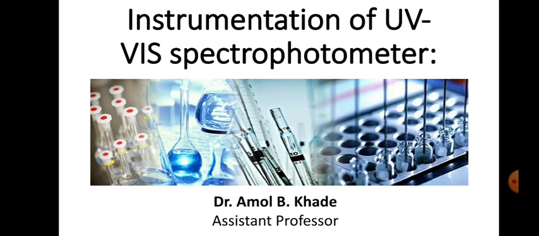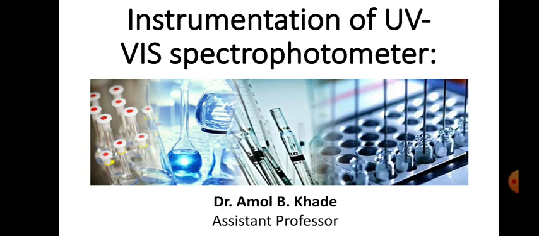In the previous session we discussed the instrumentation of the UV visible spectrophotometer. We discussed the block diagram, the schematic diagram, and the essential components of this instrument. We also discussed the radiation sources, their types, and the wavelength selectors, including various types of filters and monochromators.